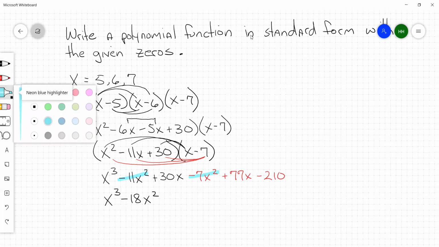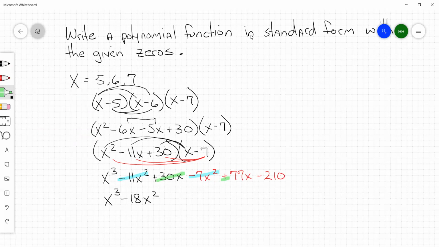And then you got to combine this 30x and a 77x. And that gives you positive 107x. And then your last term out here is this negative 210. All right? So there's your polynomial function in standard form with these three given zeros.